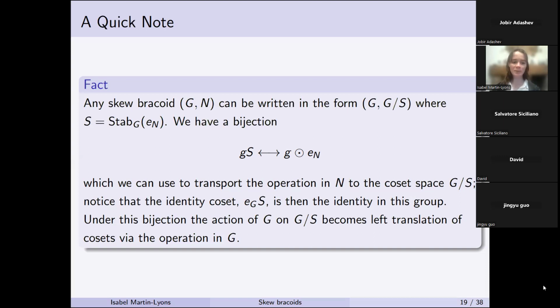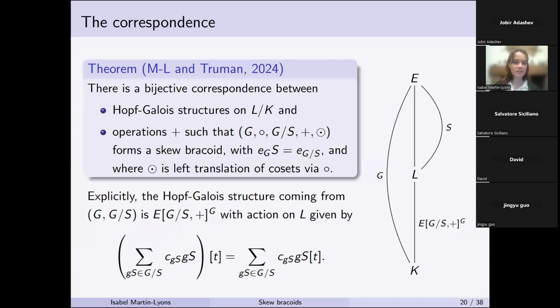And we can use this bijection to transport the operation in N onto the coset space G by S. And notice that if we do it in this way, the identity coset is then the identity of this group. And if we also transfer the action of G on N onto this coset space, it becomes simply left translation of cosets via the operation in G. Okay, so with that, we get this nice correspondence.